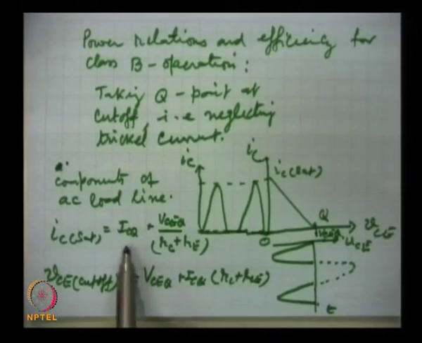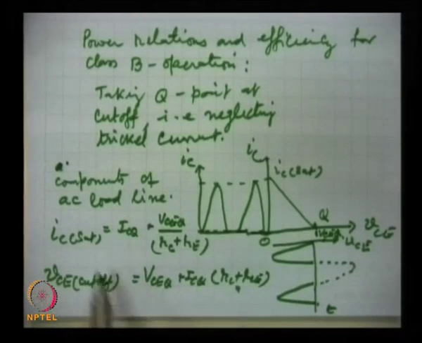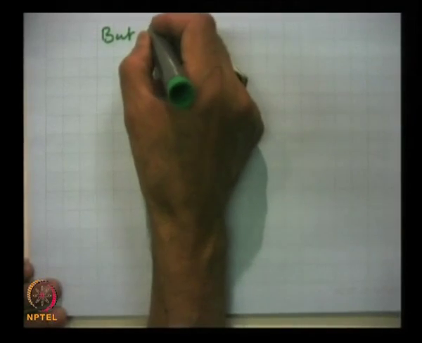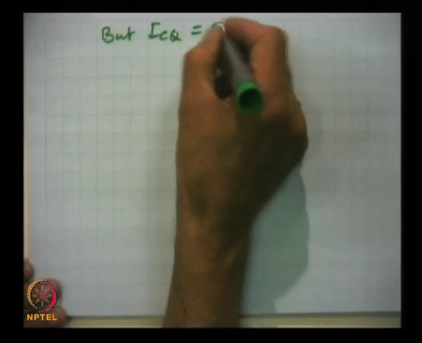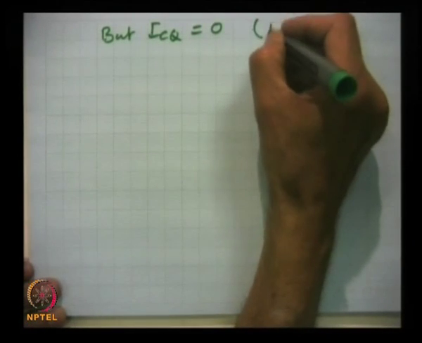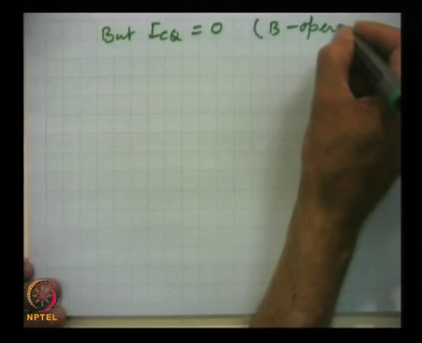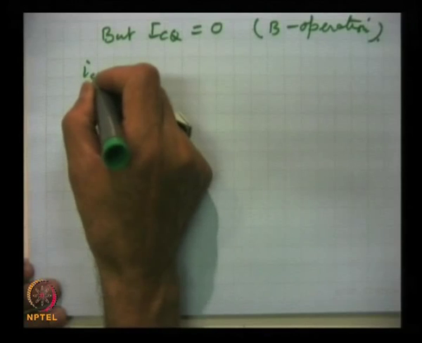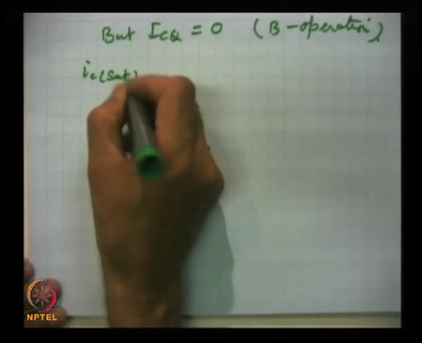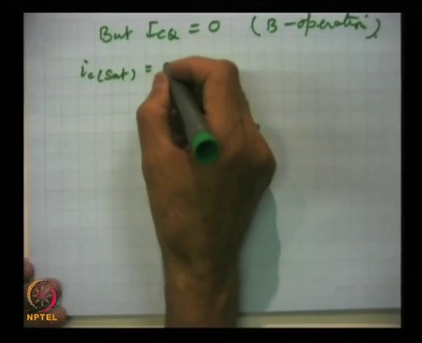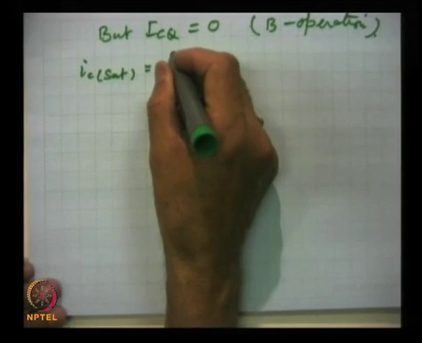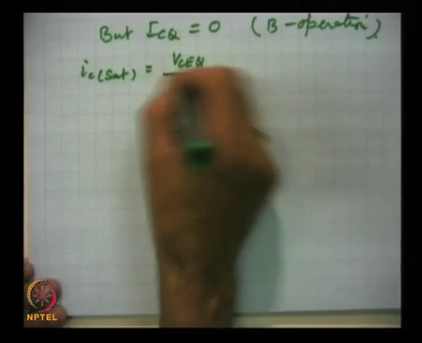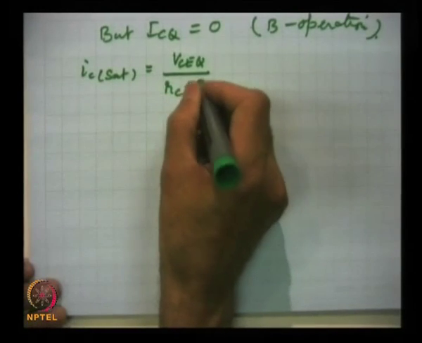So, if ICQ is kept 0 in these two equations, they reduce to, in B operation, IC set equal to VCEQ by RC plus RE.